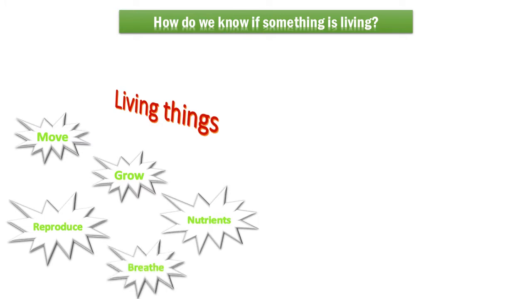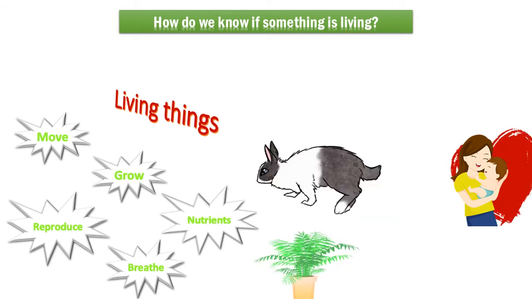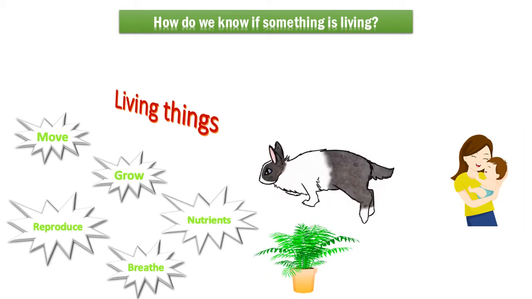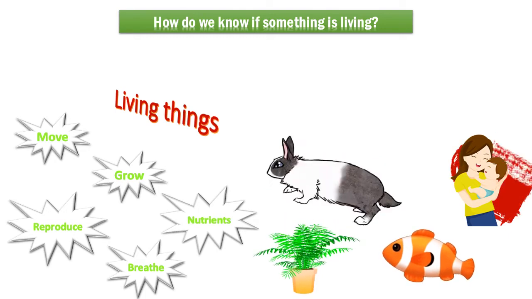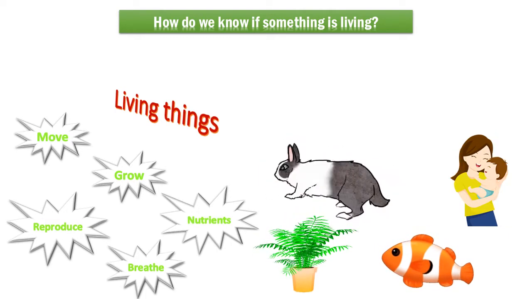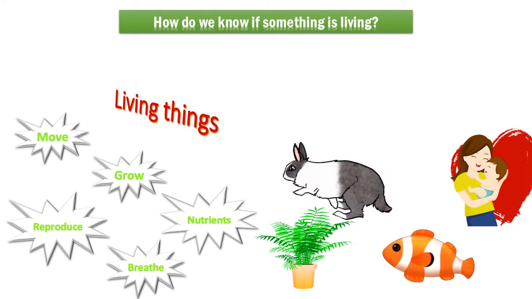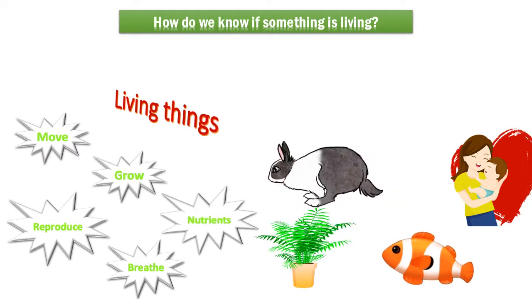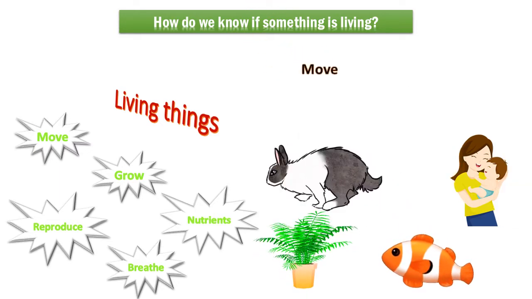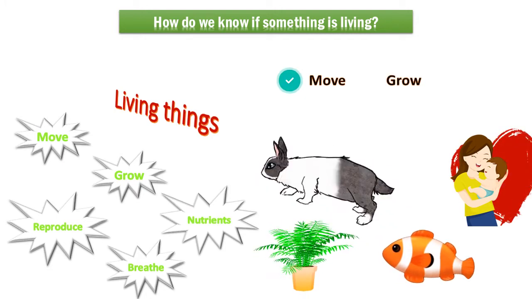Having that in mind, now let's see some examples: a mother and her child, a rabbit, a plant, and a fish. And let me ask you a few questions about them. Do the rabbit, the mother and the child, the plant, and the fish move? Do they grow?